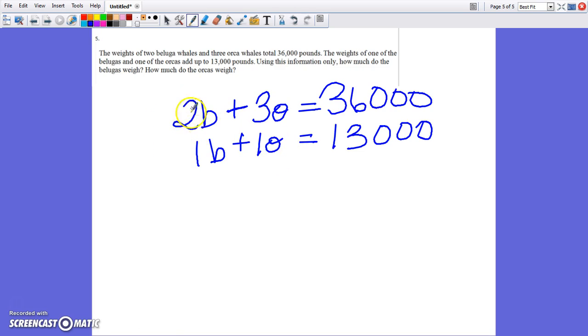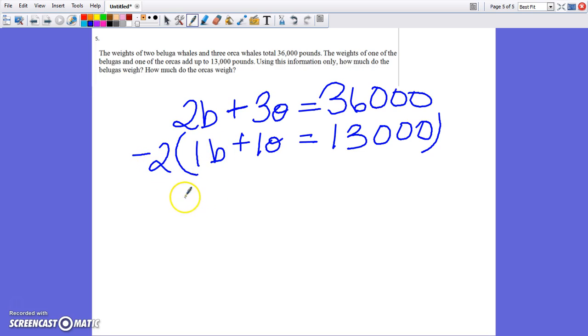For those of you that want to do it a different way, I think the easiest way to do this would be elimination, because if I multiply this second equation by -2, I'll get my beluga whales to cancel out. Remember you have to multiply it by each term in this equation.